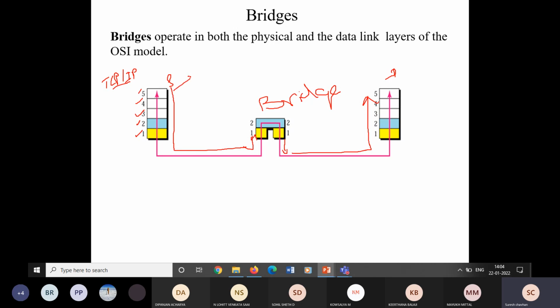In the application layer, the data will be in the form of messages, right? And in the transport layer, the data will be in the form of segments. The same data will be referred to as segments. And in the network layer, it's a packet. Correct?